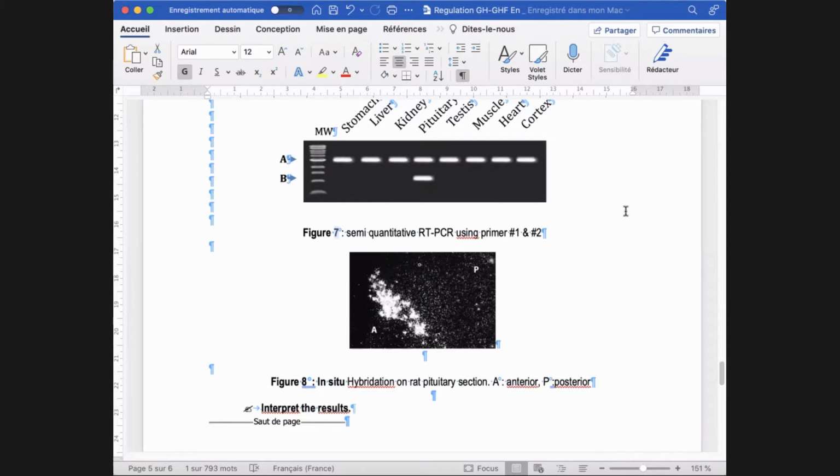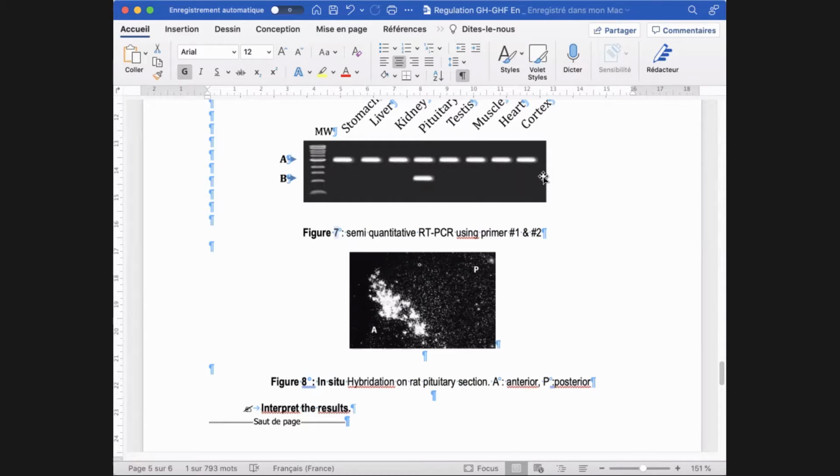Yes, please, because it's difficult to speak using Zoom. Yes, the shortest conclusion. From these two figures, I can come to the conclusion that, first, the GHF gene is only transcribed in the pituitary gland.